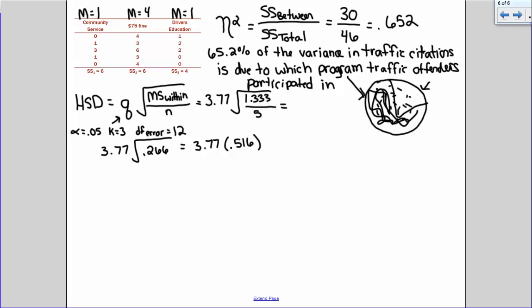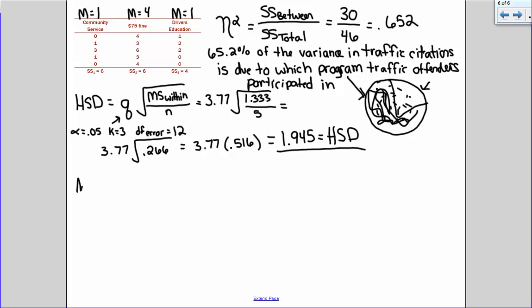And 3.77 times 0.516 gives you 1.945. So that is the mean difference necessary between two groups to conclude that those two groups are in fact significantly different.